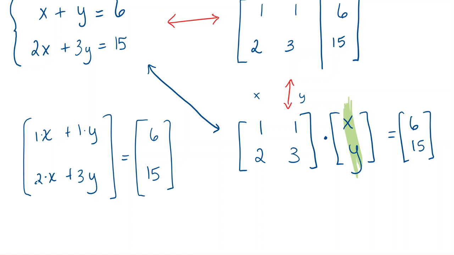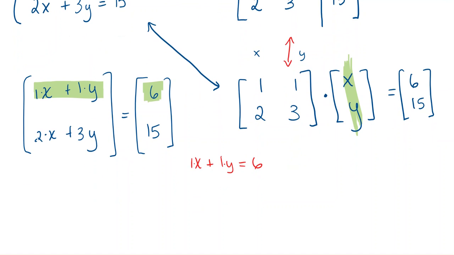And here we can see the parallel with our original equation. Matrices are only equal if corresponding entries in the same location are the same. Since this is two rows by one column, these being equal means that 1x plus 1y has to equal 6.